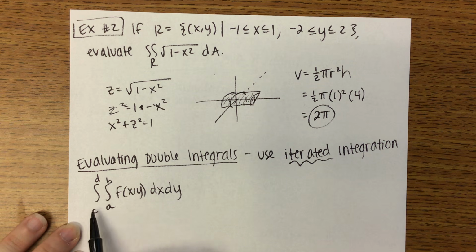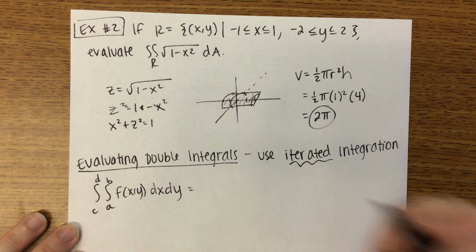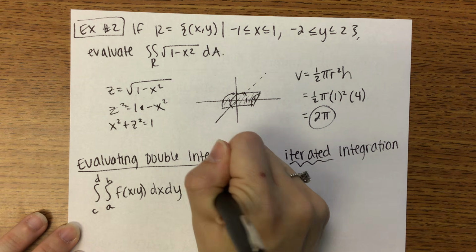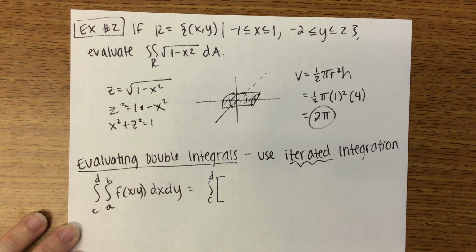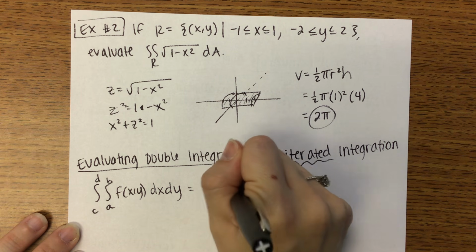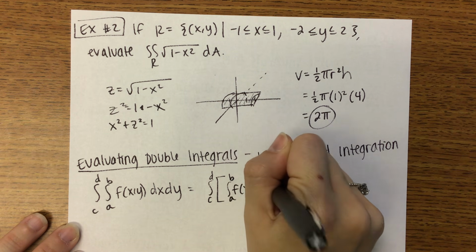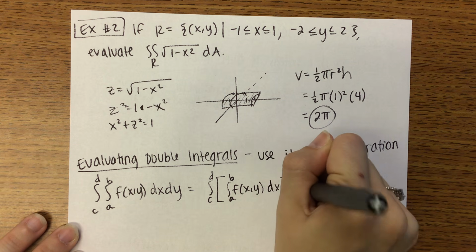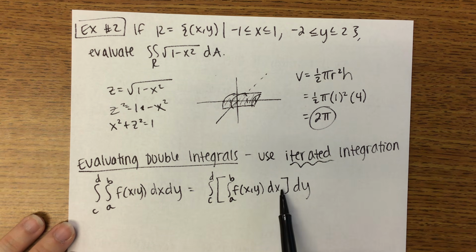Here's how you're going to calculate this then. What you are first going to do is integrate the inner integral. So that's a to b of f of x y dx. So you're going to integrate with respect to x. Whatever you get, you then integrate with respect to y.